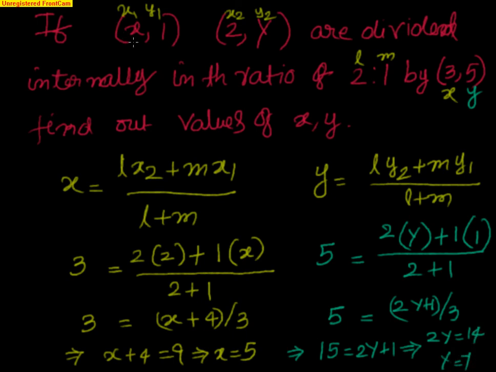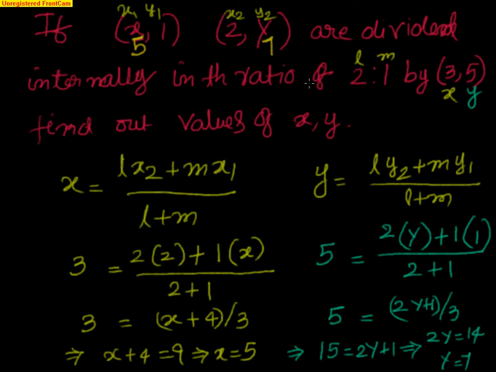So the value of x is 5 and the value of y is 7. So this is nothing but 5 comma 1 and 2 comma 7 divided in the ratio 2 is to 1 by 3 comma 5. If you want to cross check this, you can take 5 comma 1 and 2 comma 7 and apply the formula for 2 is to 1 and see whether you get 3 comma 5 or not.